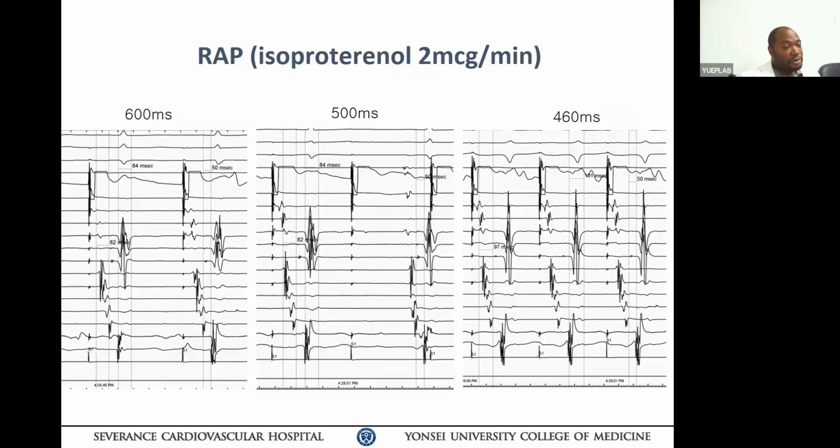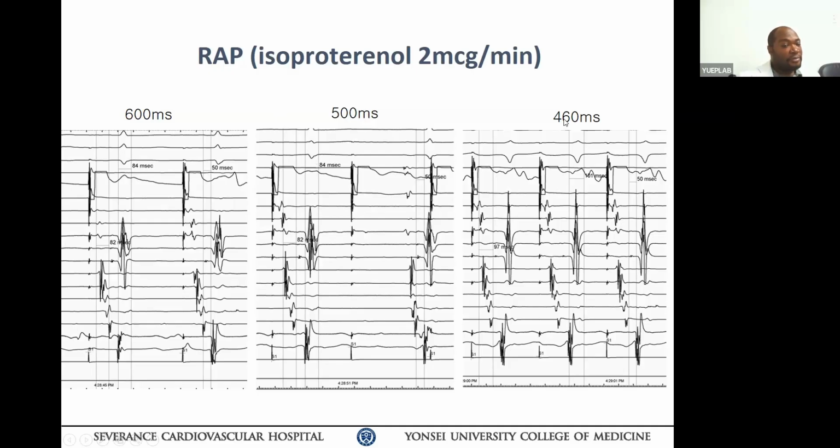So we did an isoproterenol study, and isoproterenol increases AV nodal conduction. And so whereas initially we noticed the delta wave beginning from the RAP 600, after starting isoproterenol, even at RAP 500, the QRS was still not pre-excited, was still at the baseline 84.